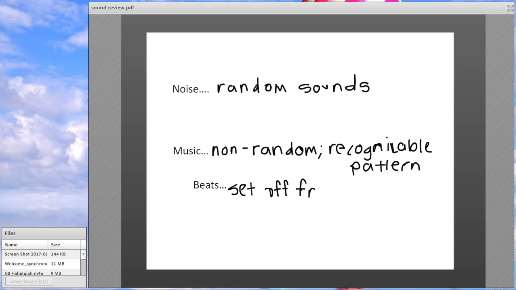But when we would calculate beats, the beat would be like 2 hertz or 4 hertz. They're very slightly set off from each other. If I was musically inclined, when you beatbox something or whatever, they're just slightly set off from each other enough to give you that nice rhythm, and again that recognizable pattern.